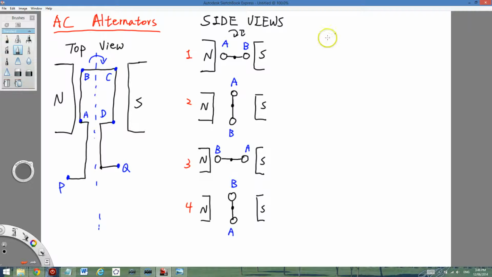Faraday and Lenz told us the induced EMF is basically minus N, the number of coil turns, times the change in magnetic flux over time.